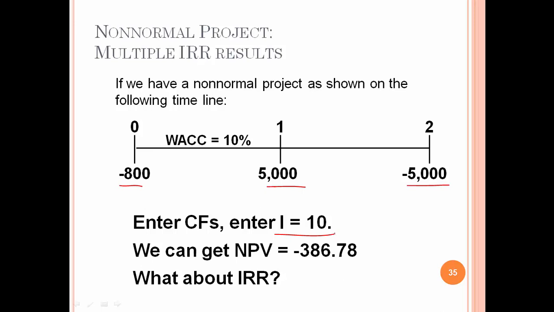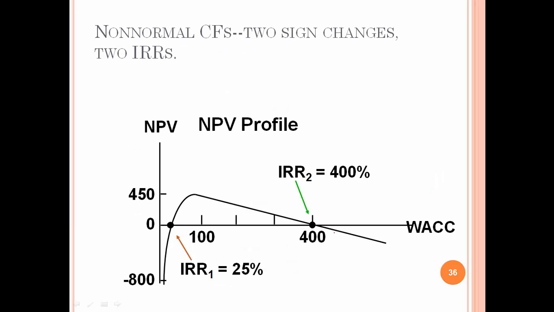What about its IRR? Remember we mentioned that IRR is the discount rate that makes your NPV 0, or say it's where your NPV curve meets the x-axis, or say the horizontal line in the NPV profile graph.